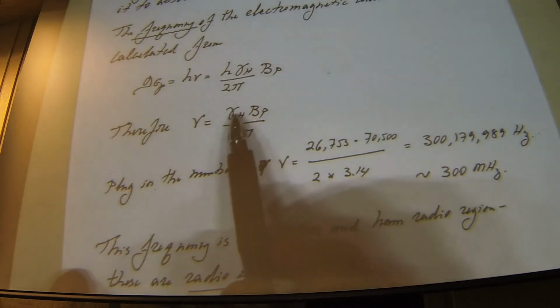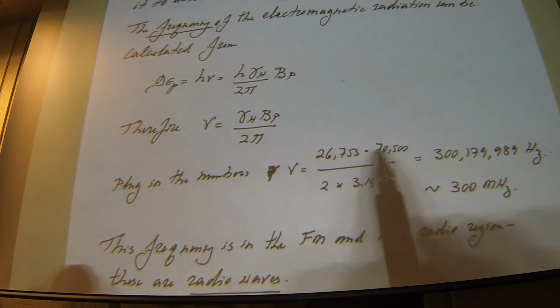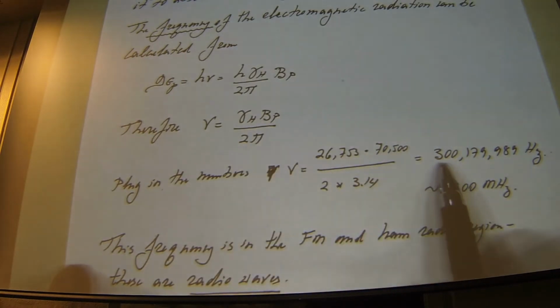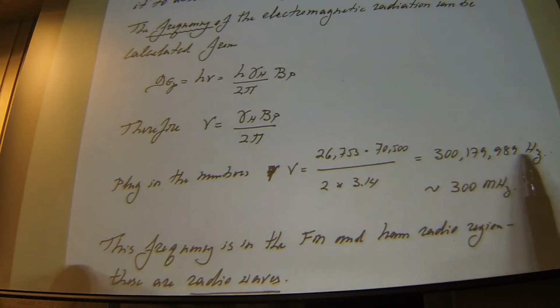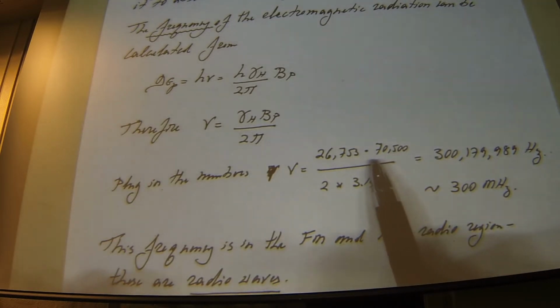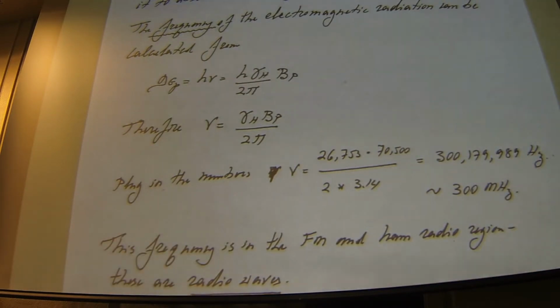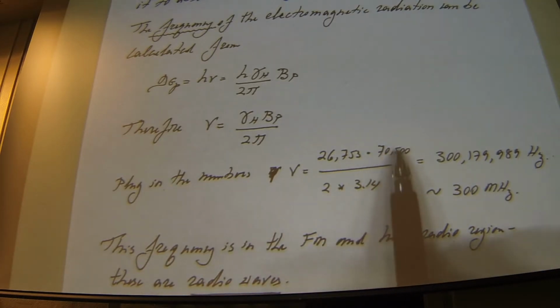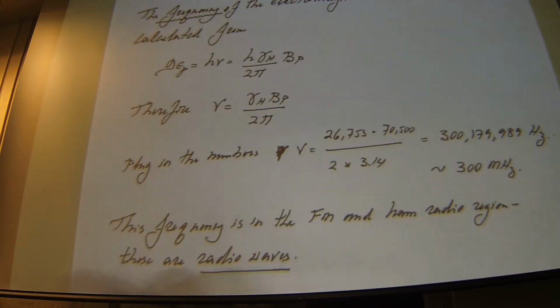And then, since I know what these numbers are, this was, remember, 70,000 Gauss, 7,500 Gauss, I can multiply this all out, and I come up with this many hertz, or roughly 300 megahertz. So remember I said we had 300 megahertz machines? What that really means is that we have a machine that has a magnet of 70,500 Gauss. Okay? So whether I talk about megahertz in terms of the frequency, or if I talk about field strength, I'm talking about exactly the same thing.